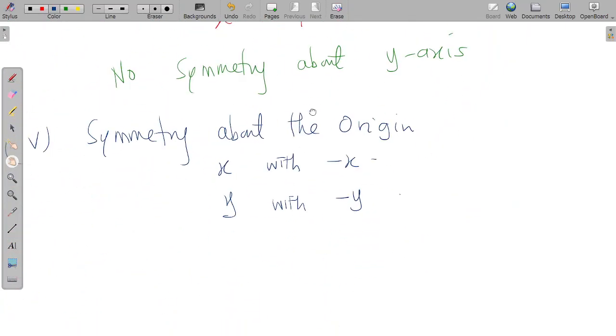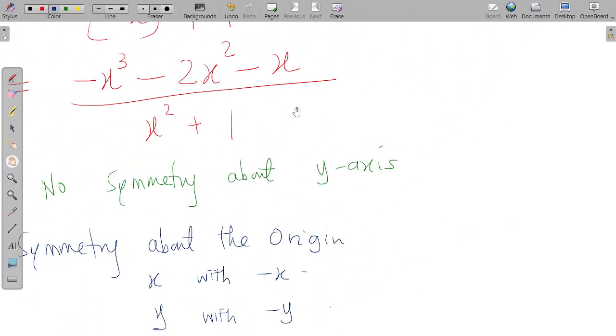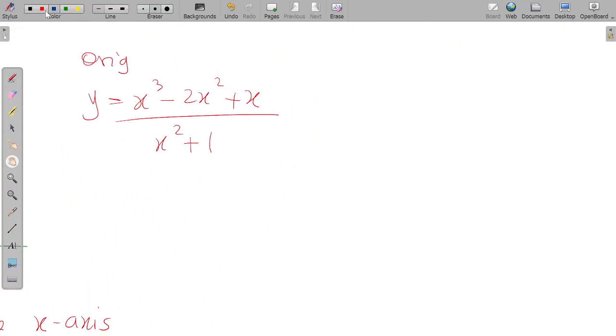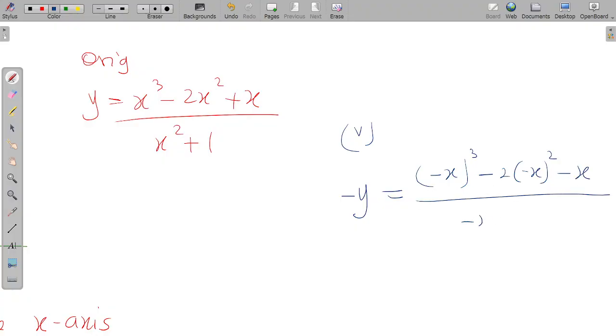We replace x and y with negative. We are going to have negative y equals negative x raised to power 3 minus 2 negative x raised to power 2 minus negative x, over negative x squared plus 1.